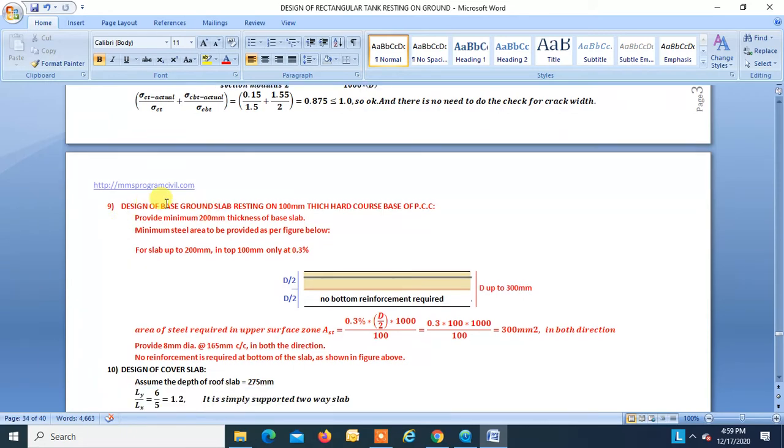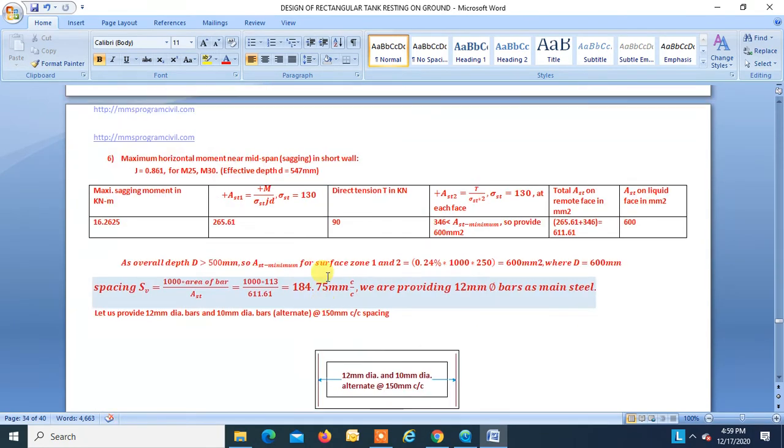Now coming to the design of base slab, ground slab resting on 100 mm thick hard core base of PCC, providing minimum 200 mm thickness of the base slab. So we know the minimum steel to be provided when the base slab thickness is 200 mm.